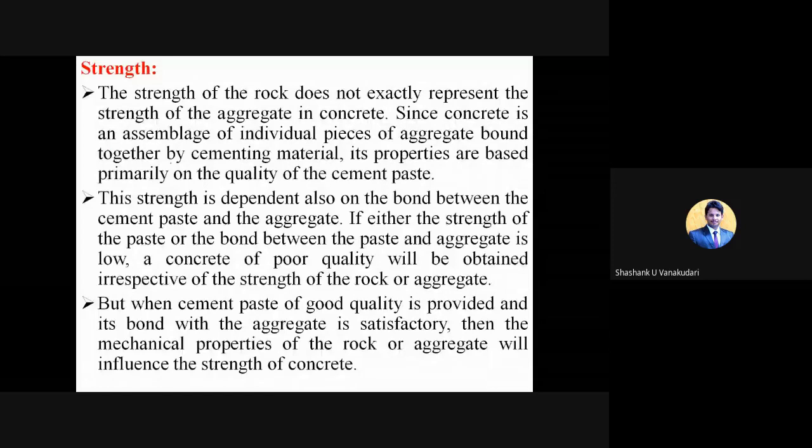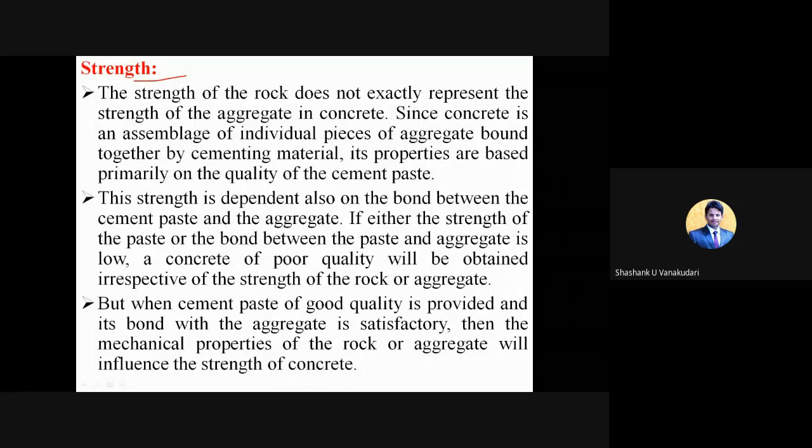Concrete is an assemblage of individual pieces of aggregates which are bound together by cementing materials. We need to use the proper proportions of the cement, sand, water as well as the coarse aggregate. Only then will the proper proportions lead to good strength.